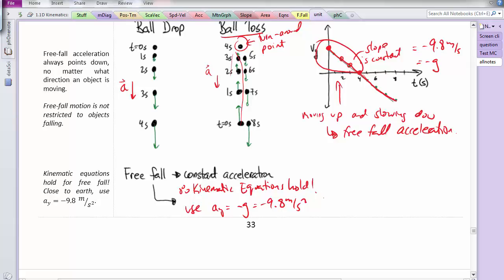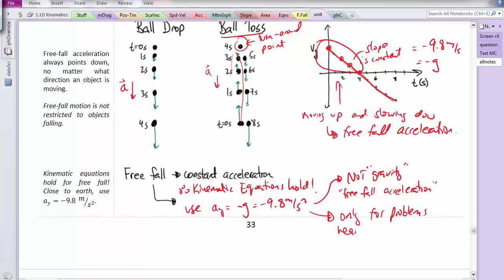This g value is not called gravity. Don't call it gravity. It's called free fall acceleration. And again, we use negative 9.8 only for problems near the surface of Earth.